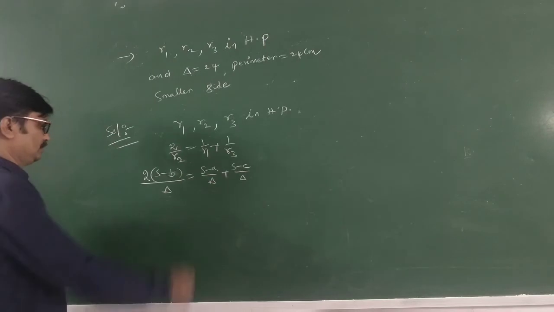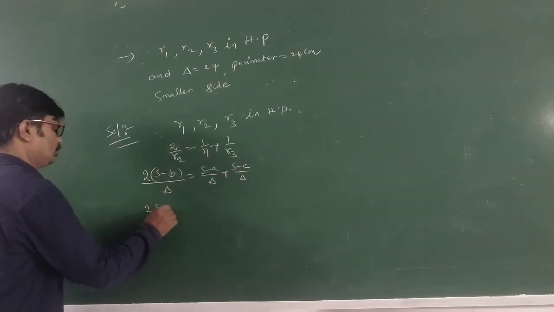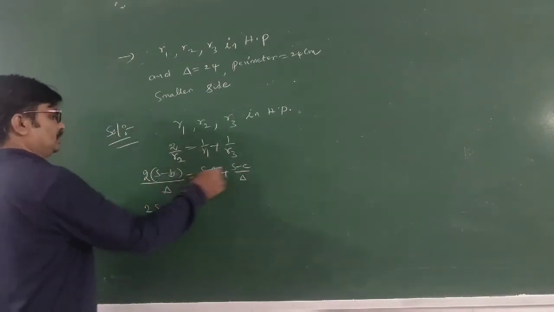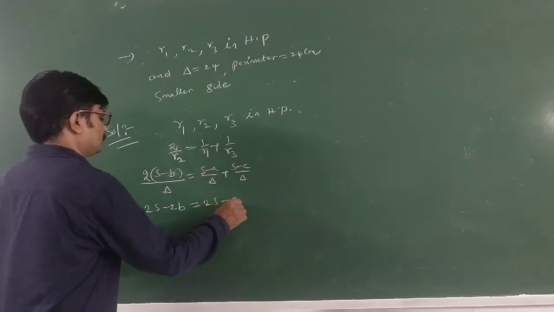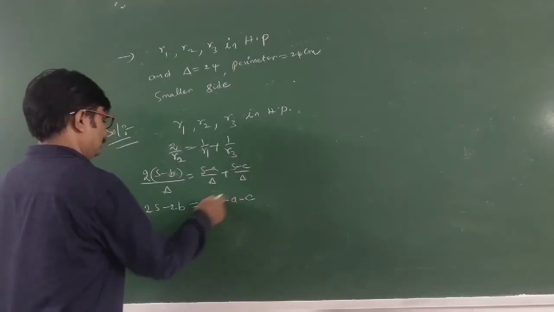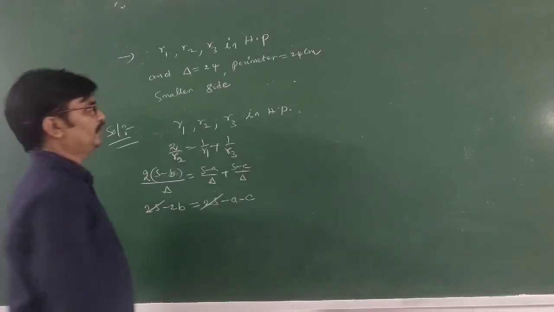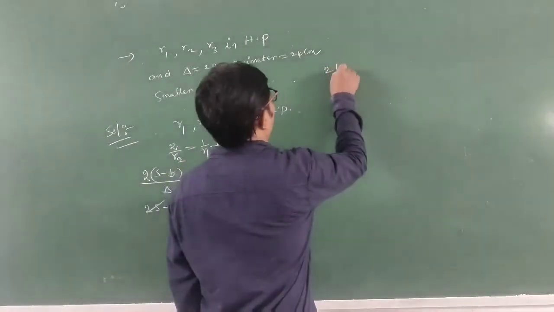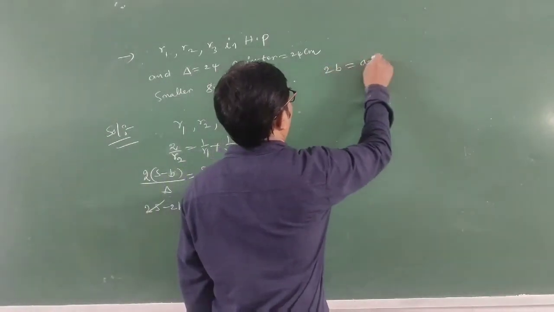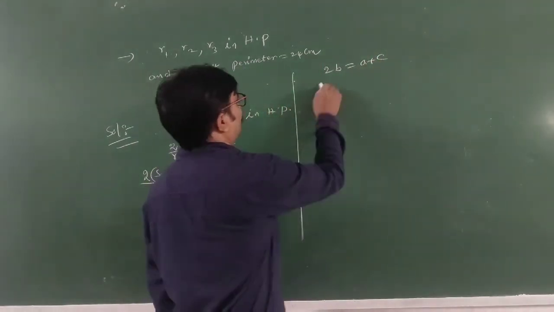Here delta is the LCM. So 2S minus 2B equals S plus S minus A minus C. 2S cancel. So students, 2B equal to A plus C.